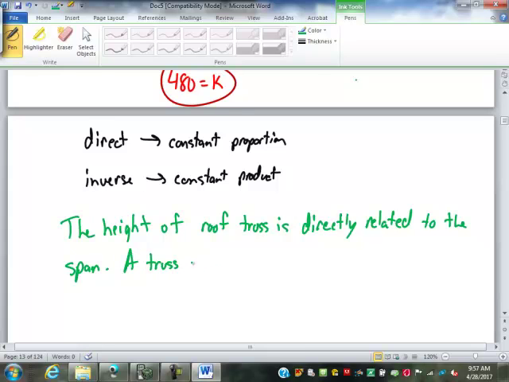A truss with a 32-foot span is 8 feet tall.